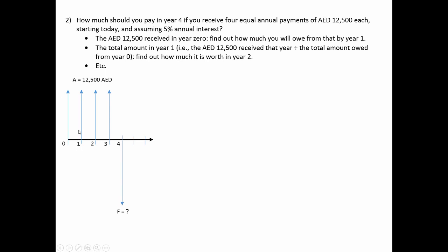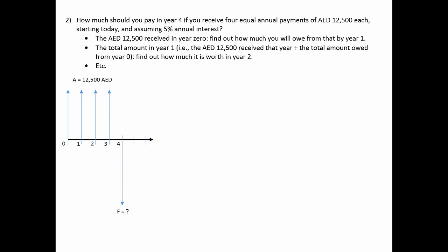Then we combine that amount with the amount already in year 1, the 12,500. Once those two figures are added together, you move that from year 1 to year 2 by multiplying by 1.05, and then combine it with the amount that's already in year 2, 12,500, and so on and so on. So there's a pattern there.